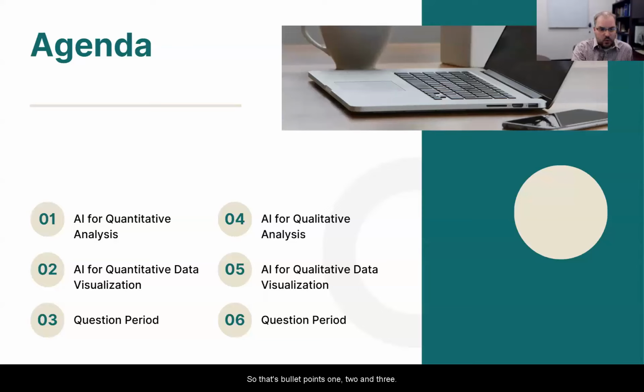That's bullet points 1, 2, and 3, all the quantitative analyses. The latter portion of the presentation is going to focus on the qualitative research side, and Emily will go through the same process that I used to explain and explore some of the features of qualitative research products using AI.